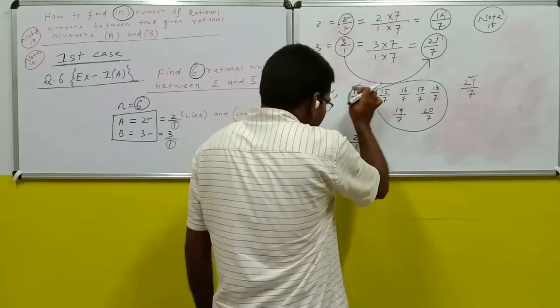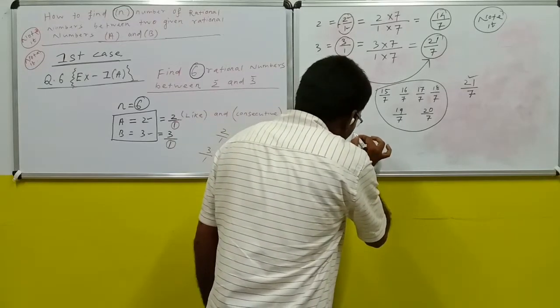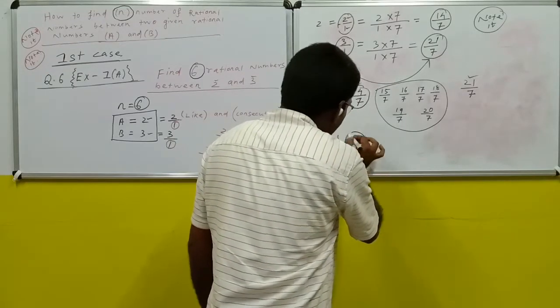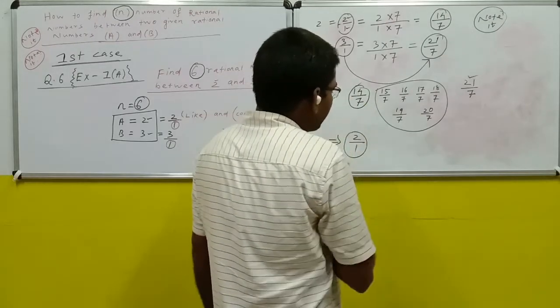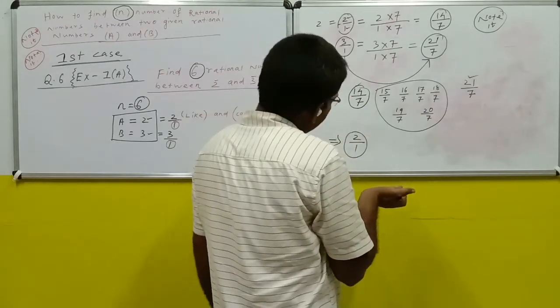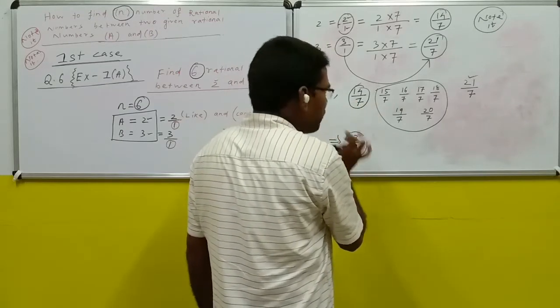So, in place of 14/7, you have to write 2/1 because 2/1 is the root rational number of 14/7, or you can say that 14/7 is the equivalent rational number of 2/1.